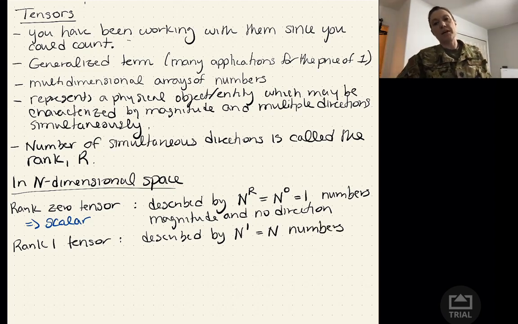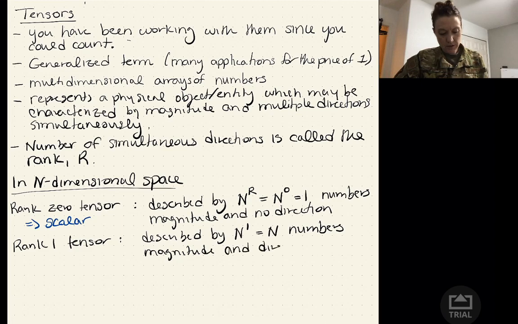So if we were, say, in a plane, 2-dimensional space, then we're talking about 2 numbers. And it makes perfect sense that what we're talking about is something with a magnitude and direction. So the number of directions is 1 at one time. So indeed, we are talking about a vector.